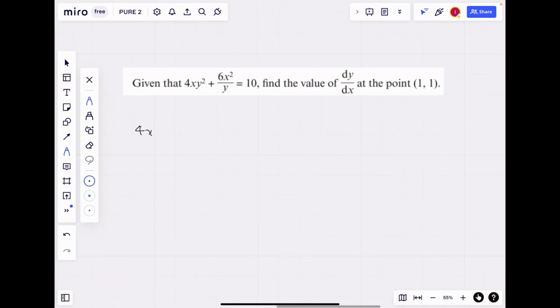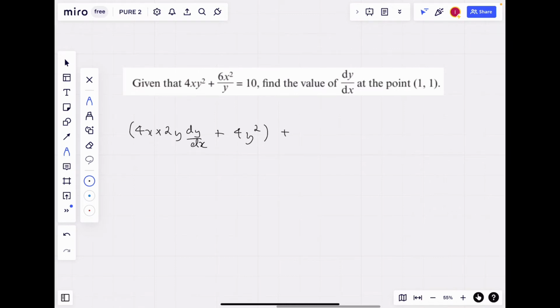You're going to multiply that by dy by dx, which would be 2y dy by dx plus your y term, 4y squared. Okay? Then plus your second term is 6x squared over y.